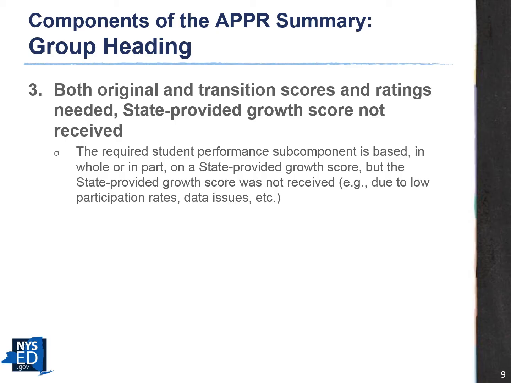Components of the APPR summary, Group Heading 3. Both original and transition scores and ratings needed. State-provided growth score not received.